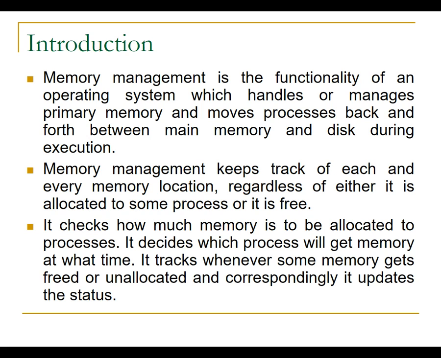Now, the third functionality of memory management is very important as far as the CPU is concerned. Memory management not only allocates the storage space to the particular process which has been generated by the central processing unit, but it also looks after how much exact storage space is required to complete that particular process.